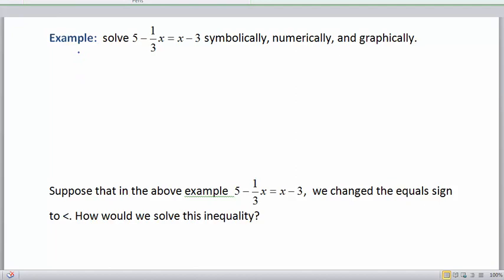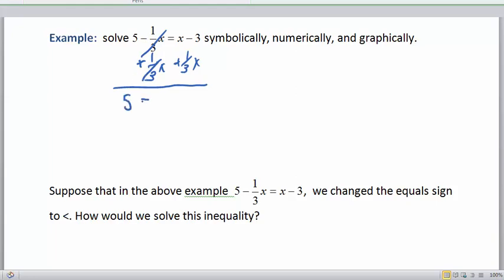So how would I do this? All right. I would get all the variables to one side first, right? So I have a negative 1/3 x over here and an x over here, so I'd probably add 1/3 x to both sides. So it cancels out here, right? Because I had subtraction, so I undid that by doing addition.